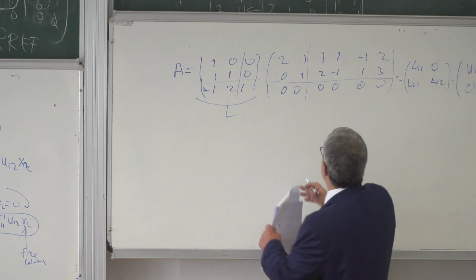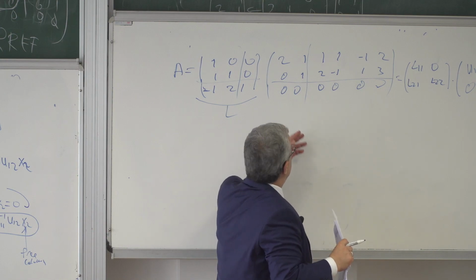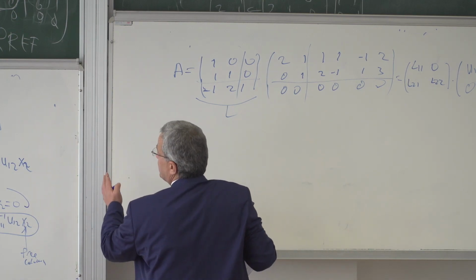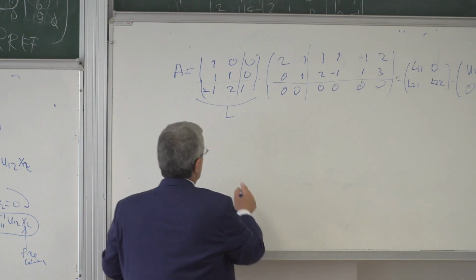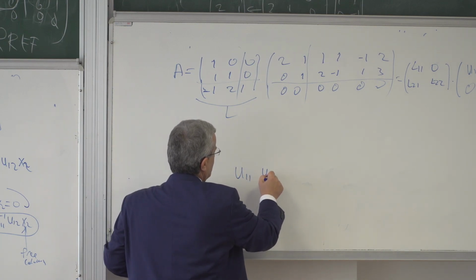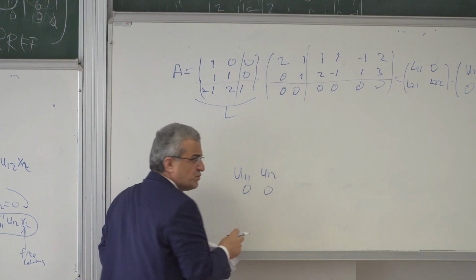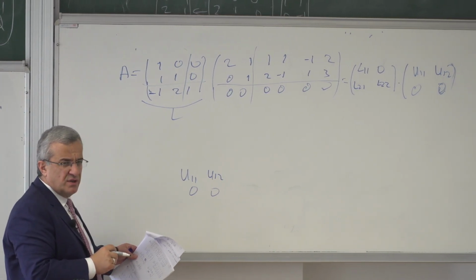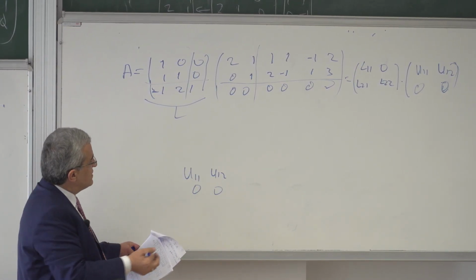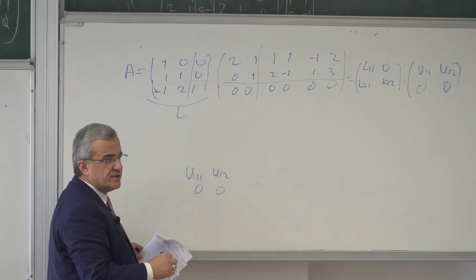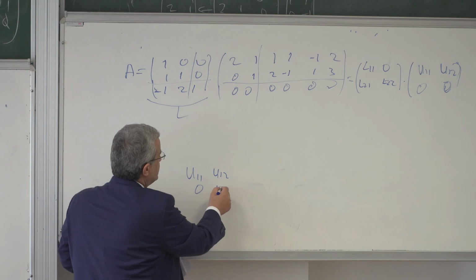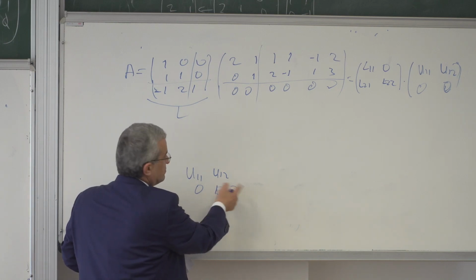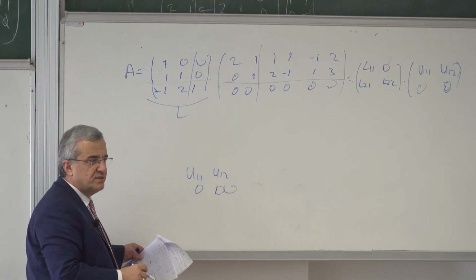Could I have a case? Do you think what I wrote there is the most general form? Could you have something else? I said this is the most general case. Why not I have something else here? Let's say I have a 1 here, so, is that possible?